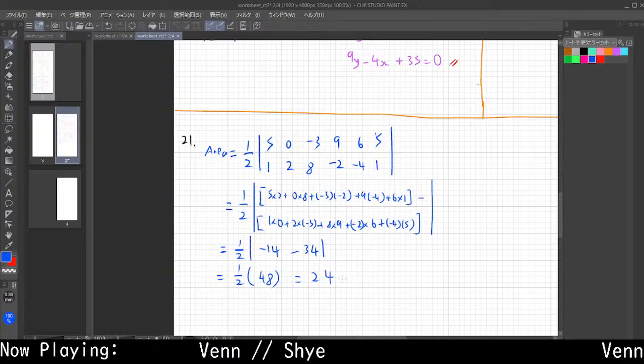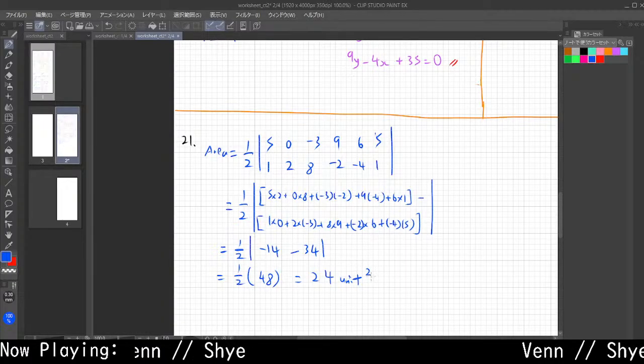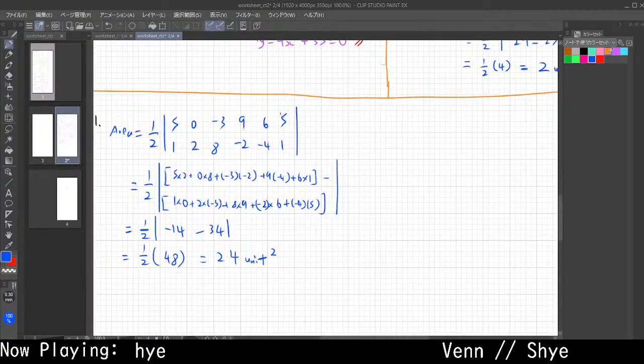Remember to get rid of the negative sign by using the absolute value, because area is a physical quantity.